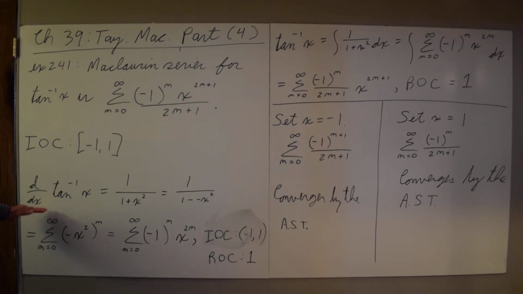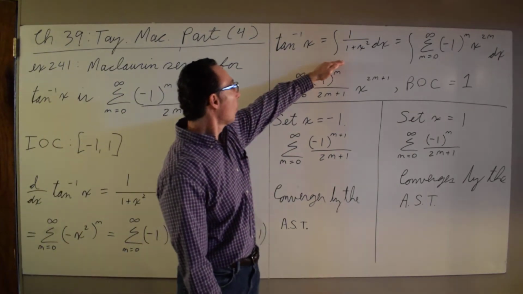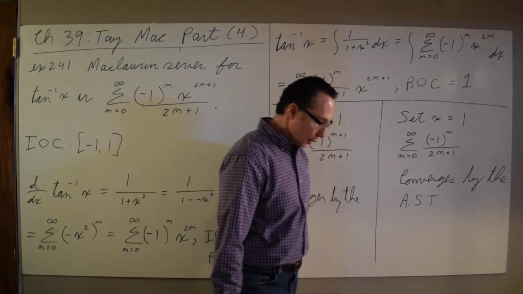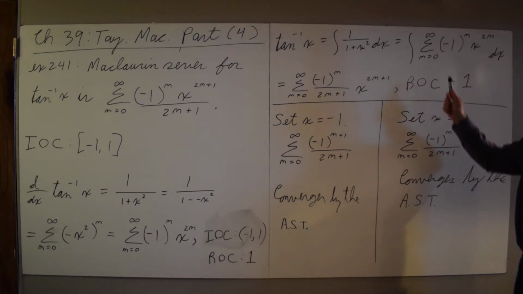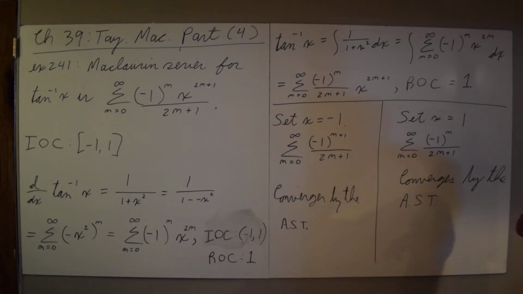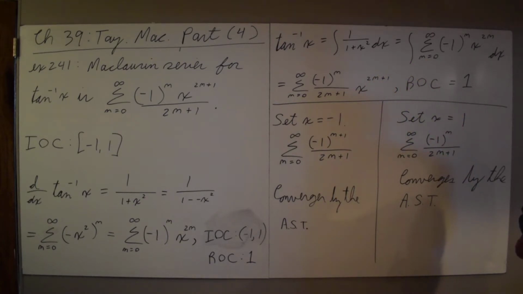So what we want is the sum of the inverse tangent function itself. Well, the inverse tangent function is the integral of 1 divided by 1 plus x squared dx. And so it's the integral of our power series. So remember in the previous video, when we talked about power series, when we can express a function as an infinite polynomial, then we basically treat it as an infinite polynomial.